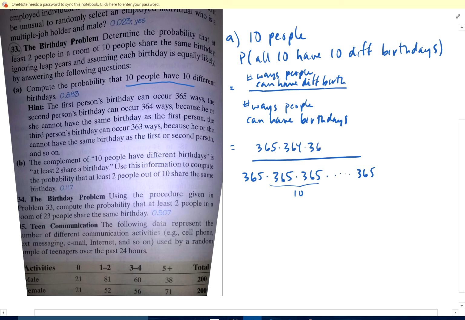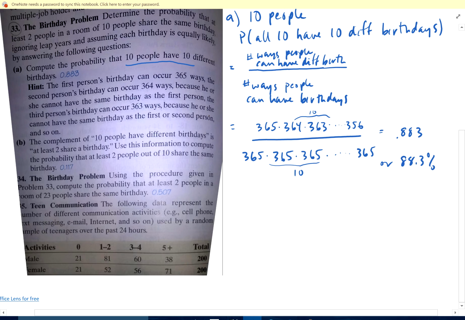The third one, 363, and so forth, all the way down to 356. This is the number of ways they can all have a different birthday. So if you do this, you get crazy big numbers, but you end up with 0.883, or 88.3%.